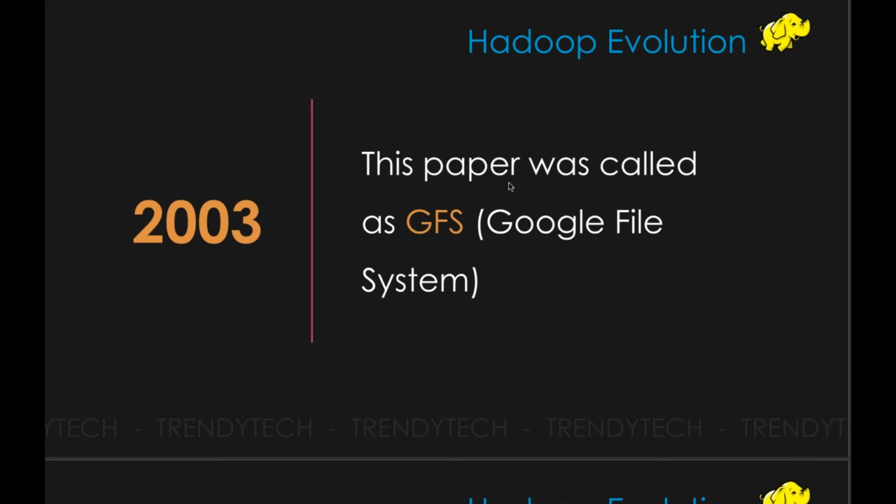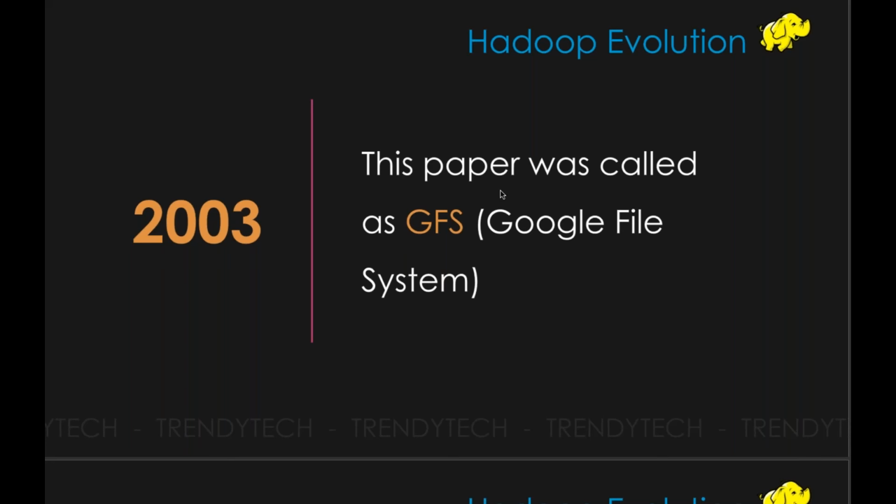Now consider a very simple example. You have 10 machines with 1 TB hard disk each, and consider you have a file whose size is 10 terabytes. Can you store this 10 terabyte file on one machine? No, not at all. So Google said, is there a way that we can divide this 10 terabyte file into 10 parts, each of 1 terabyte, and give it to a separate machine in the cluster?